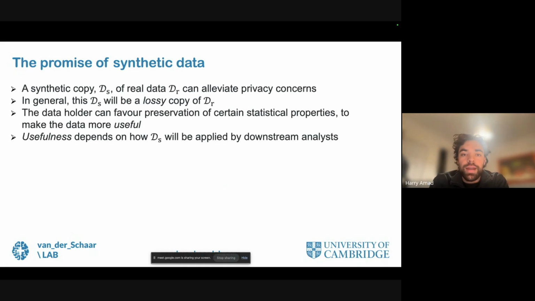And synthetic data has some promise to alleviate these issues. If you're unfamiliar with synthetic data, the general premise is that if we have a real data set which contains some statistical properties or some signal about something which an analyst may be interested in, but we cannot share this real data for privacy concerns, then it is often possible to make a synthetic copy of the real data using one of many methods.